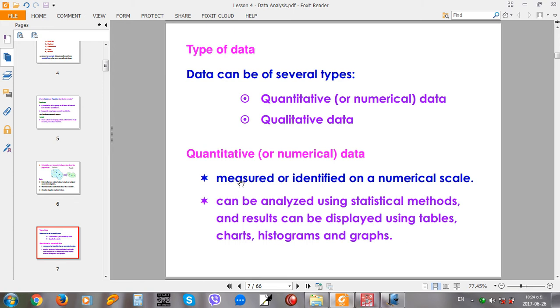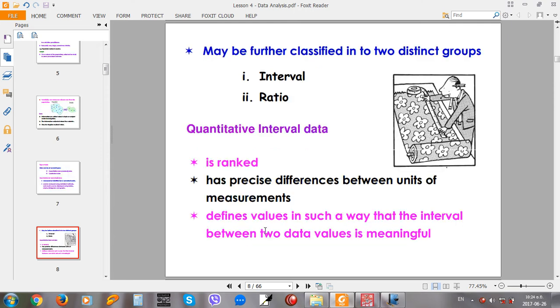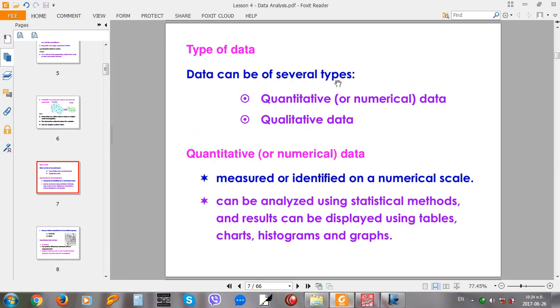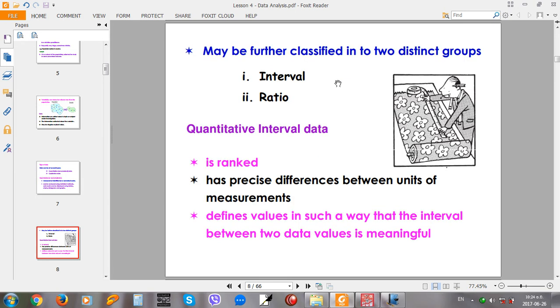It may be further classified into two distinct groups. So quantitative data we can classify further into interval data and ratio data.